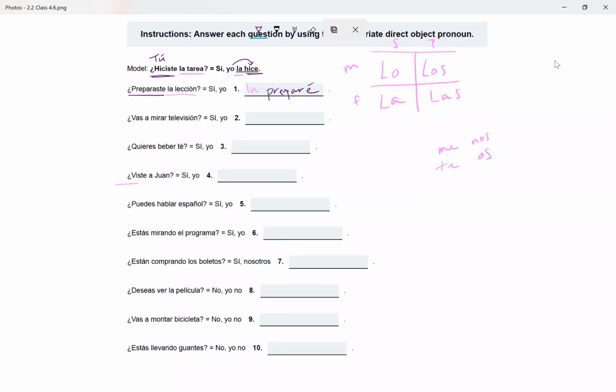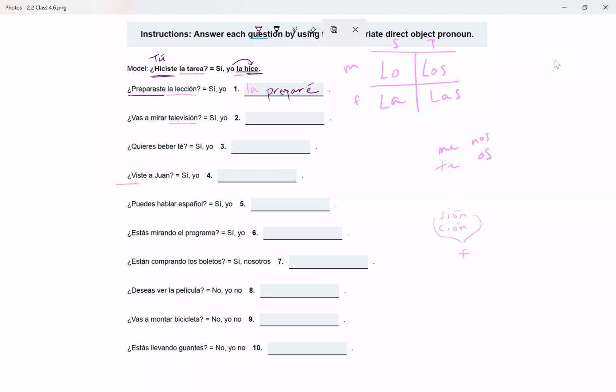All right. So in number 2, vas a mirar televisión. What is the direct object? Televisión. And do we think that televisión is a masculine or feminine word? Is it el televisión or la televisión? La. Okay, so it's la televisión, and there's a little hint: words that end in -ión, and especially -ción, are always feminine words, always.